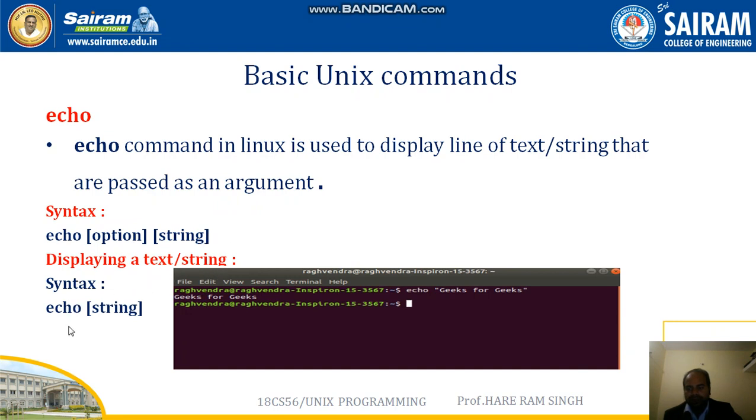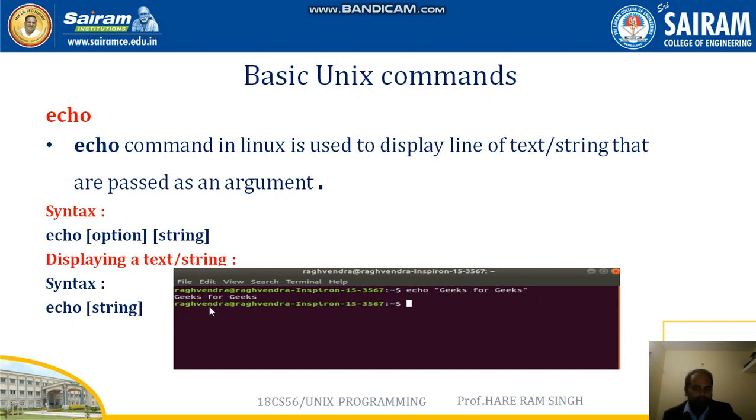Now let us see some basic commands in Unix. Echo. The echo command in Linux is used to display a line of text or string that is passed as an argument. The syntax of echo is echo option string. To display a string, the syntax is echo string.